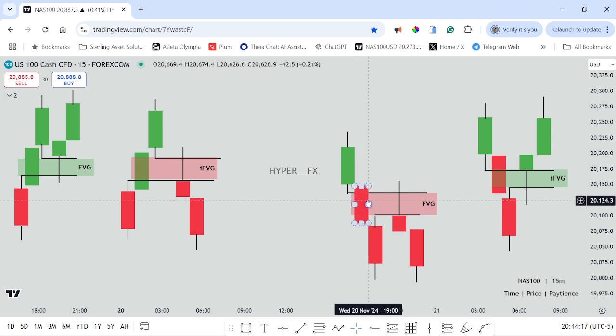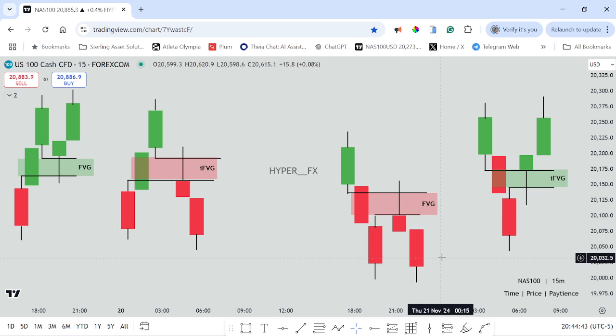So once the market leaves this area, the market usually comes back to rebalance and deliver fair price to the buyers before taking price down. So in a bearish scenario, once price comes back into the fair value gap, it takes price down to continue to go to the downside.